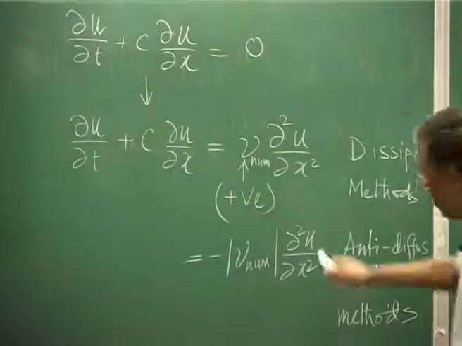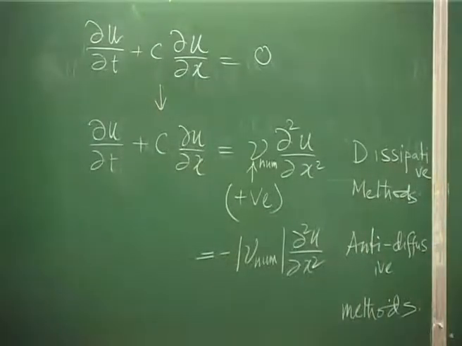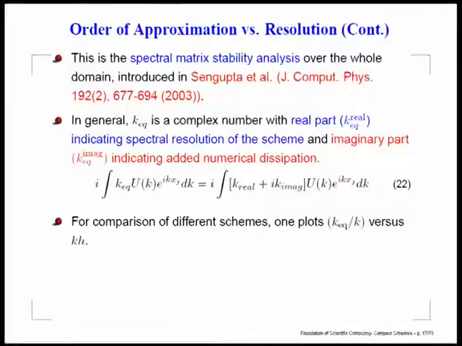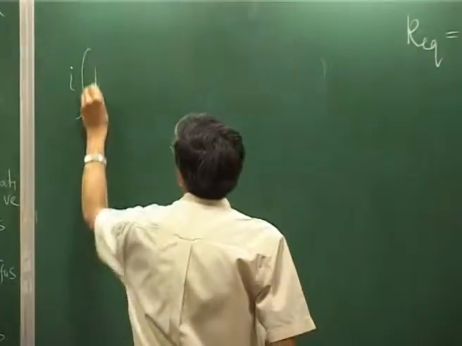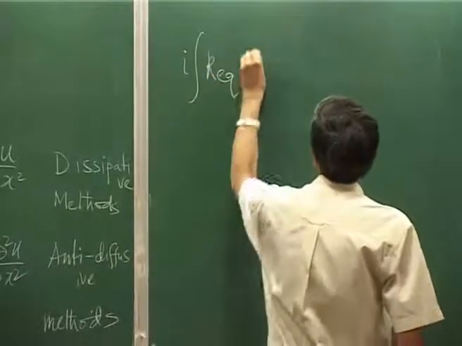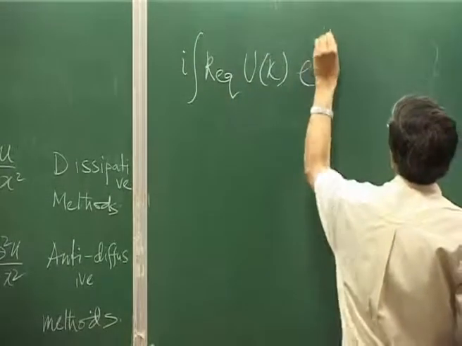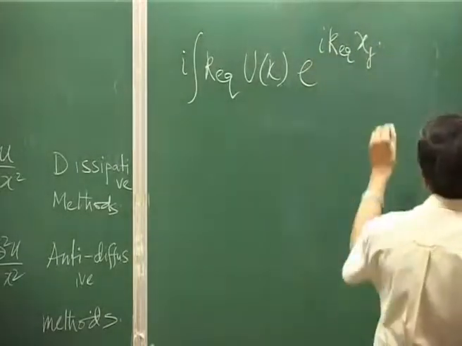Okay. So, if I now go back and look at the methodologies we are talking about here, look at equation 22. Now, if I have K equivalent like this, then what am I getting? K equivalent U of K, then e to the power I K equivalent x of j dk.